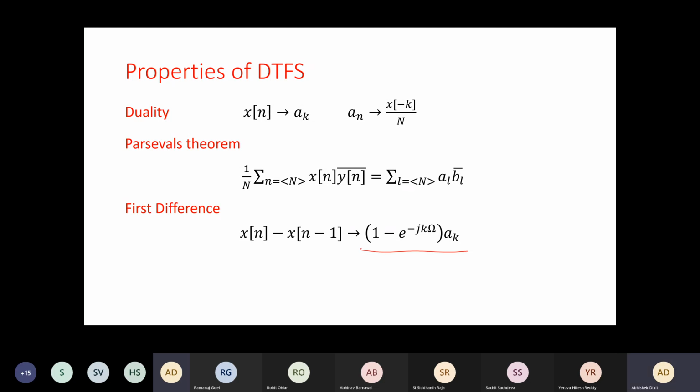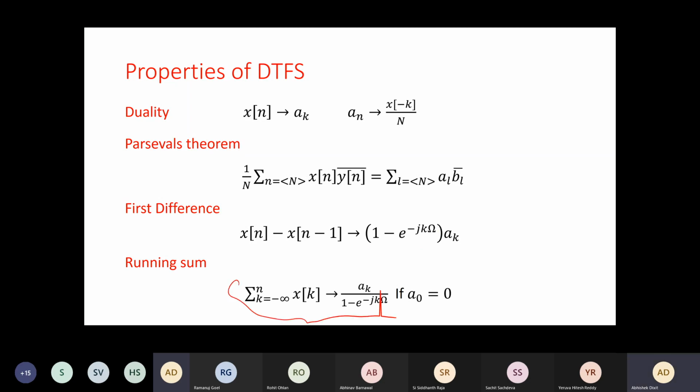Okay, you have to check. I think this is wrong. It has to be omega naught. Check this out. And then you have a running sum. This is also valid, same as it is. However, for running sum, same as in the case of CTFS, this A naught should be 0.